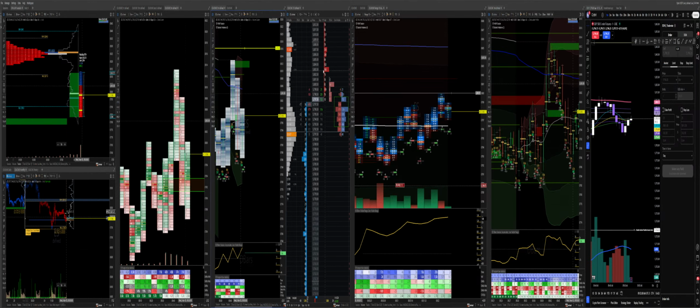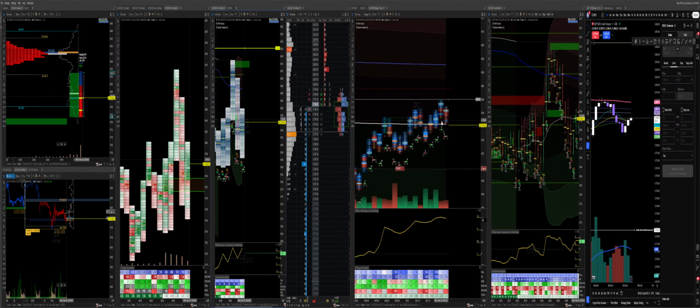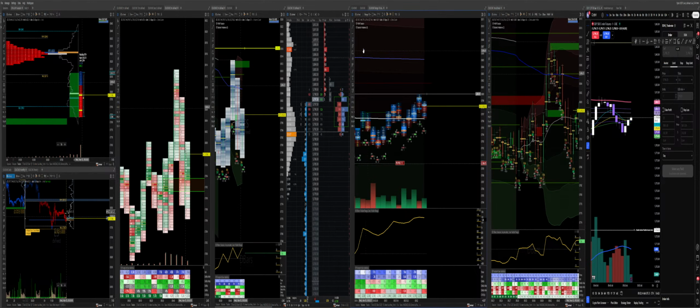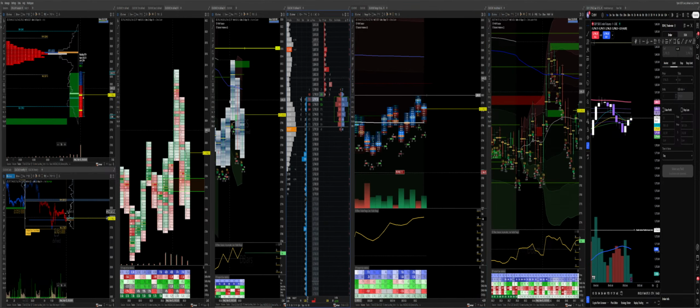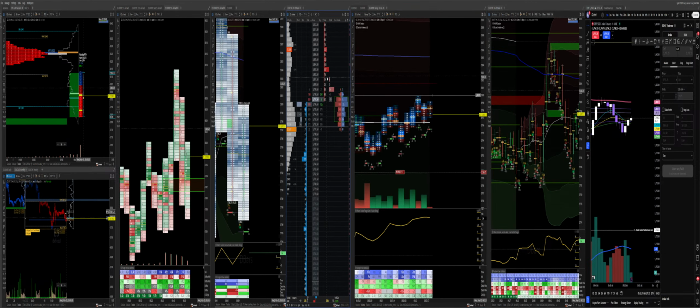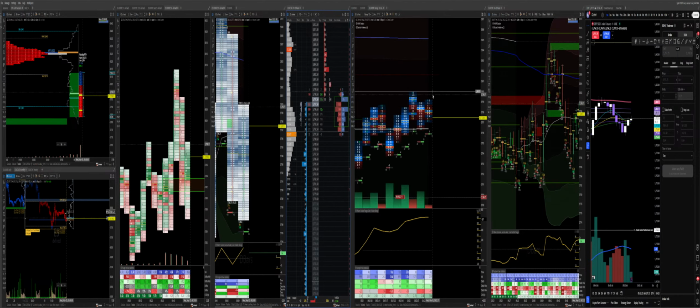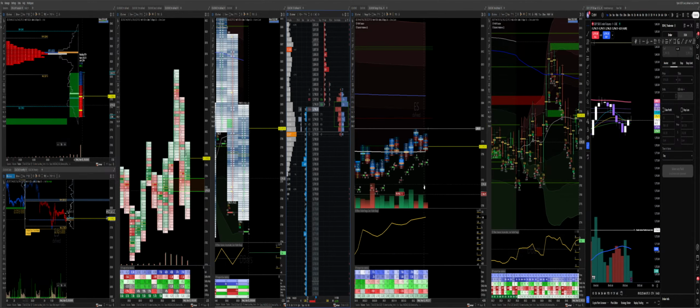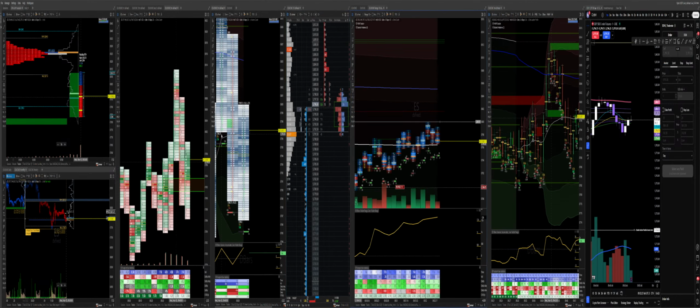Yeah, they're hunting for this guy up here, 5803. He's starting to move his orders a little bit lower. That positive delta is a little bit concerning, to be honest.